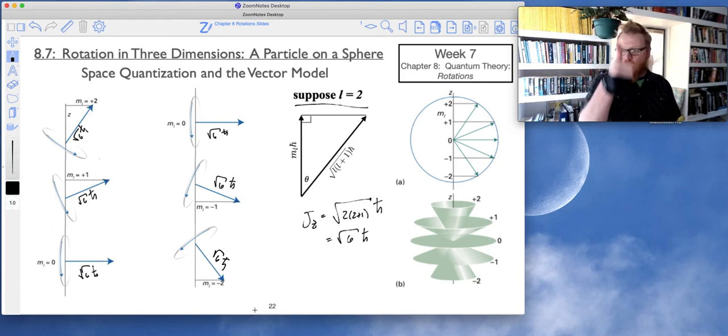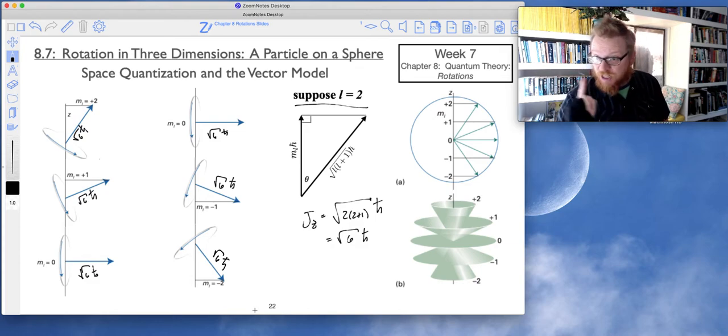Because they all have the same angular momentum, that means they have the same frequency of rotation. They're all rotating the same. And so the only thing that changes now is as ml changes, it's just changing the way that this pitches out in that other dimension.